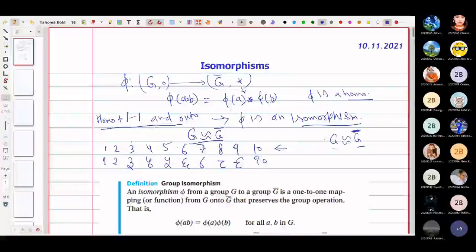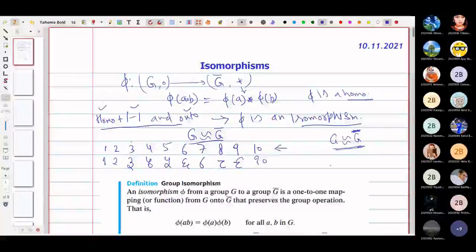These three properties, homomorphism, one-oneness, and onto-ness, will result in many interesting properties. We can relate the elements of these two groups. We will see that later when we discuss the properties of isomorphism, just like we discussed the properties of homomorphism, if you remember.